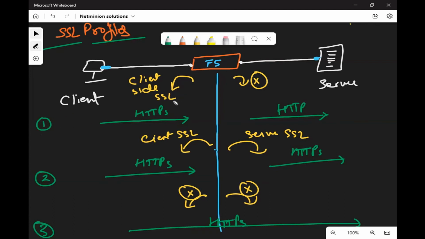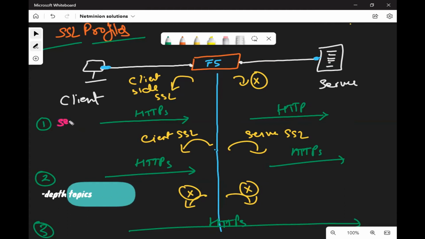You're audible, yes. Okay. So between the client and F5 there's client side HTTPS and server side. The third point is there's no client side profile or server side profile. Now try to understand.